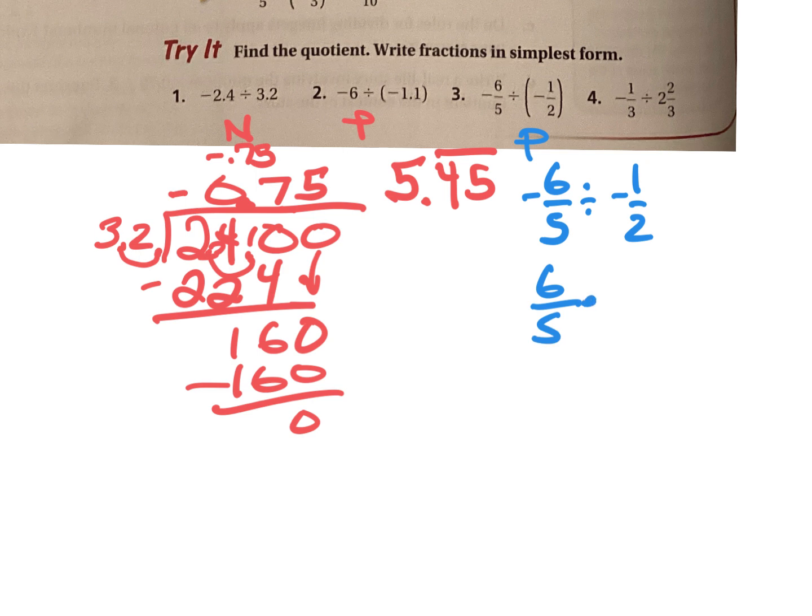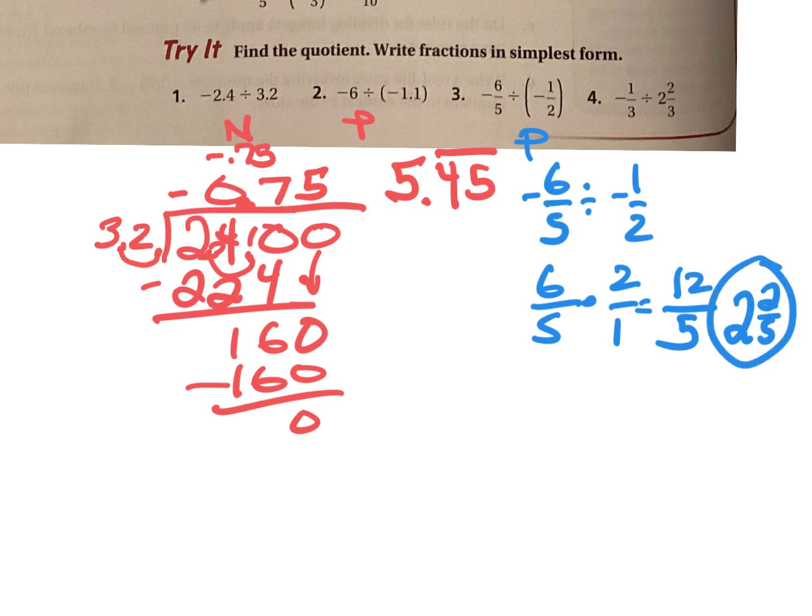I change that to multiplication, and I flip that, and it gets me 12 over 5. And instead of having 12 over 5, I want to put it into a mixed number. 5 goes into 12 2 times, and it leaves me with 2/5. So that's what the answer to number 3 is, 2 2/5.